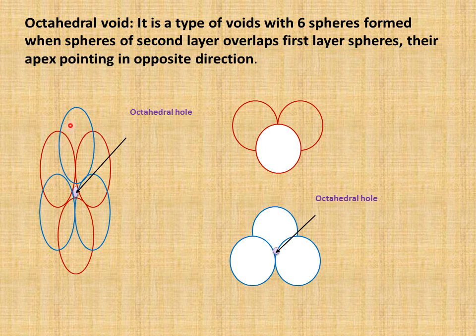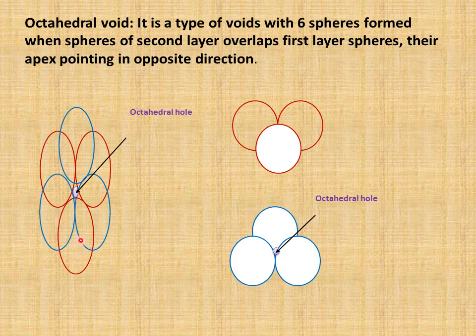See, if you imagine a triangle from both sides, triangle number 1 from the first layer has its apex pointing upwards. Triangle number 2 from the second layer has its apex pointing downwards. That means the apexes of the two triangles are pointing in opposite directions.